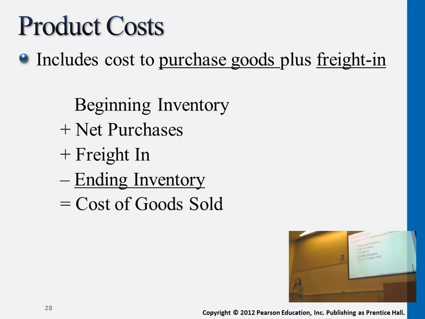Remember, in the perpetual system, we continuously update the cost of goods sold level. I want to go back to this periodic system so you have a better understanding of where this cost of goods sold actually comes from. Okay, so remember last time I gave an example. It's very simple. Let's say last period at the end, we have beginning inventory $1,000.